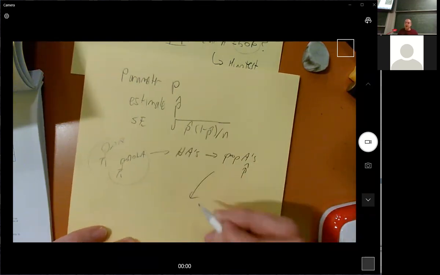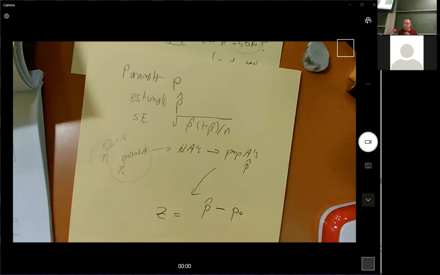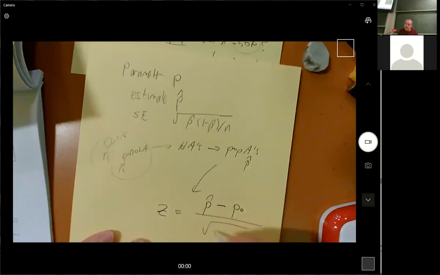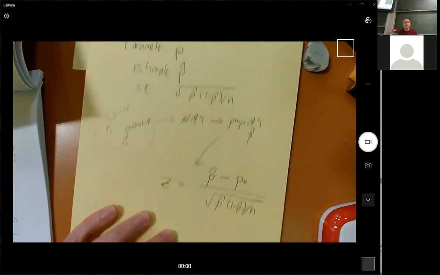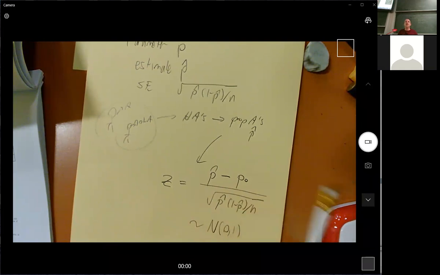And then I calculate Z, which is P hat minus the parameter from the null hypothesis divided by the standard error. And this comes from a normal distribution with mean 0 and standard deviation 1, which is what Z stands for, which is the infinity of the T distribution, by the way.